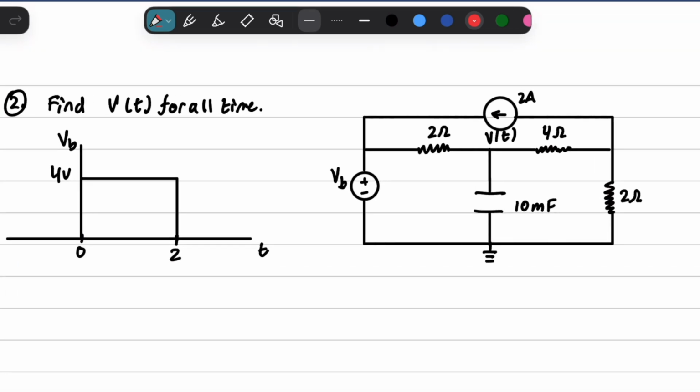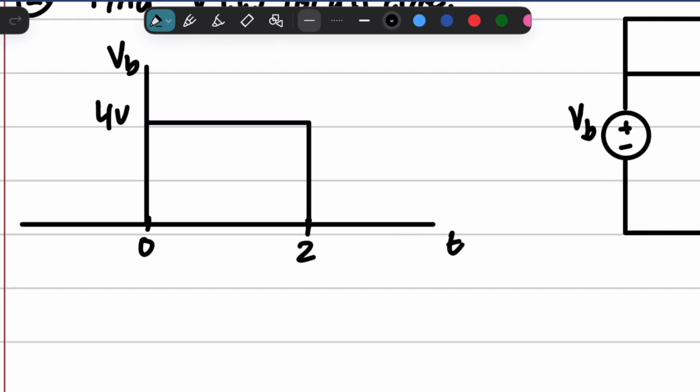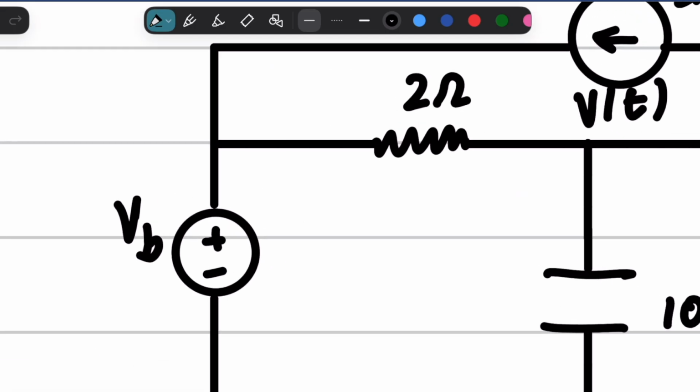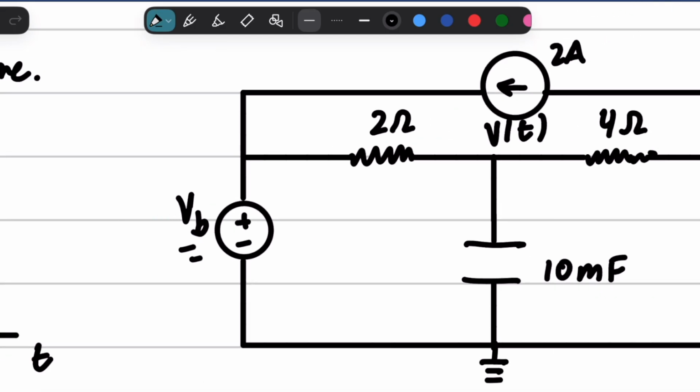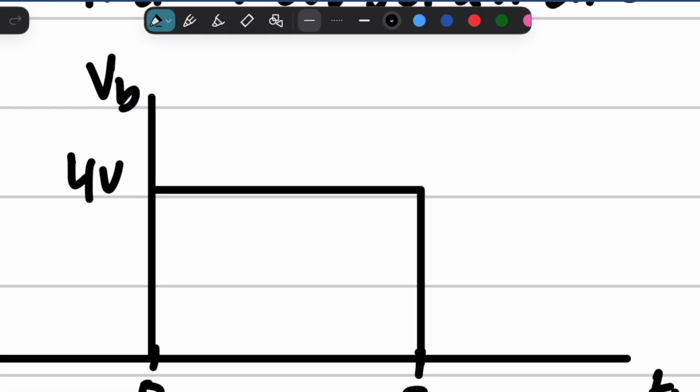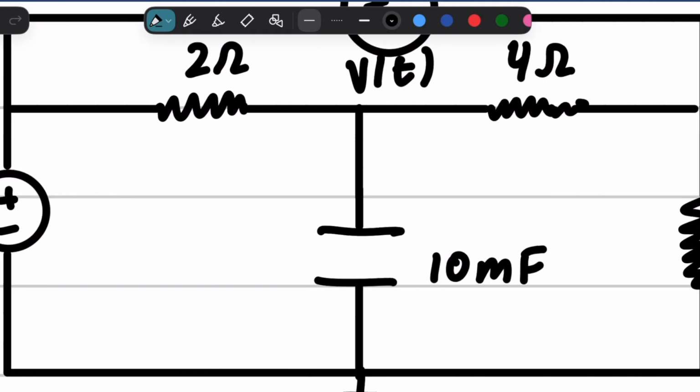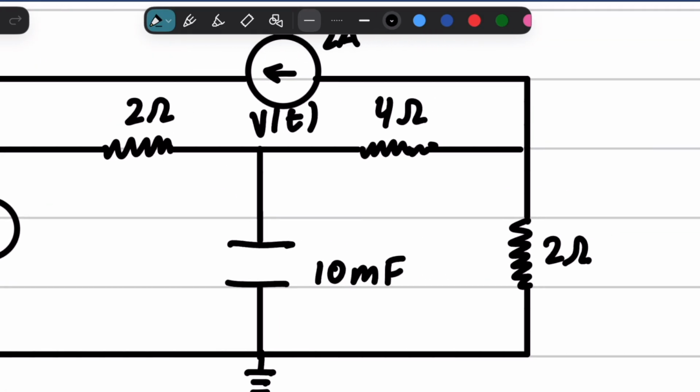All right, so here is our last case, and this is our last one because it's a long one. We have actually a time varying battery. Thankfully it's just a constant voltage, not a sinusoid or some AC current.